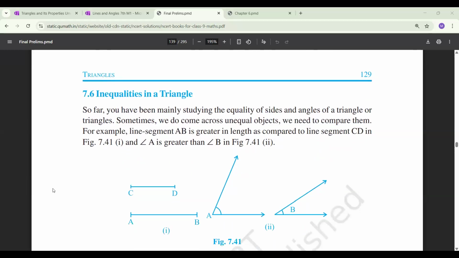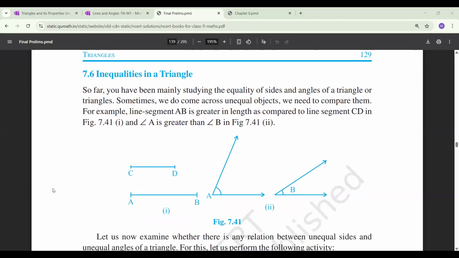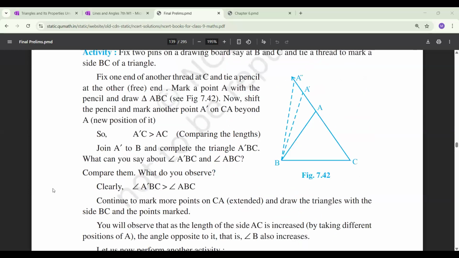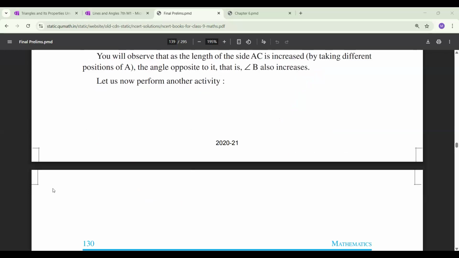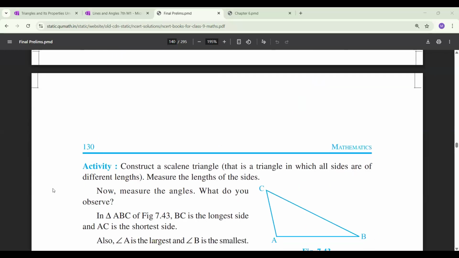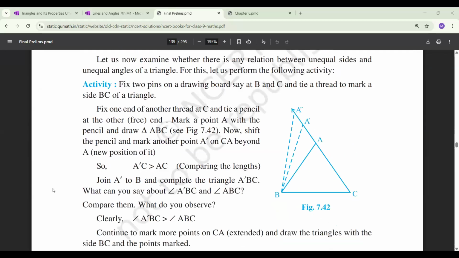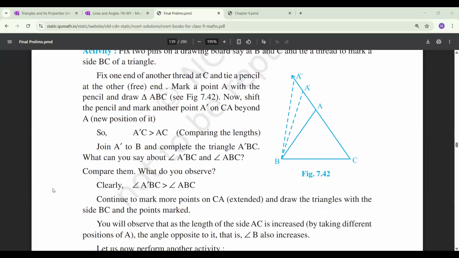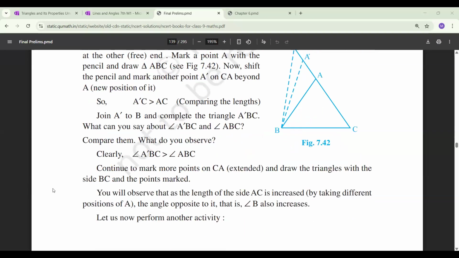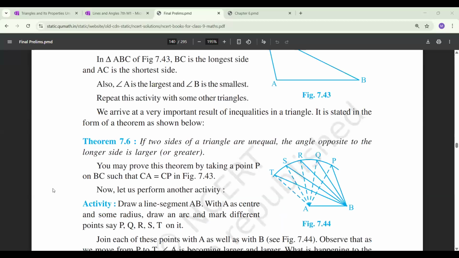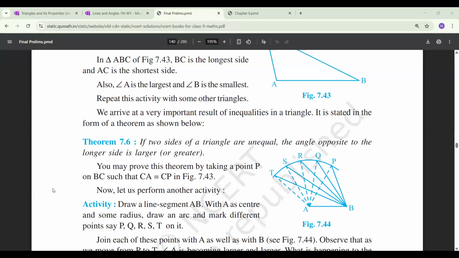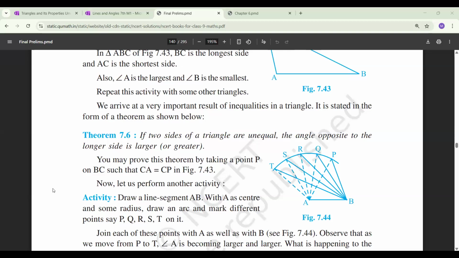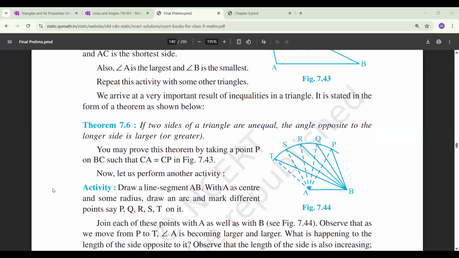Now moving on to inequalities in a triangle. Now this is a new topic. Okay, now let's see what it says. Let me explain this theorem 7.6.